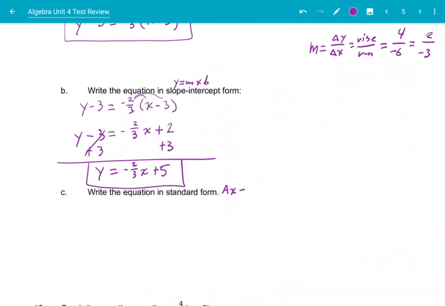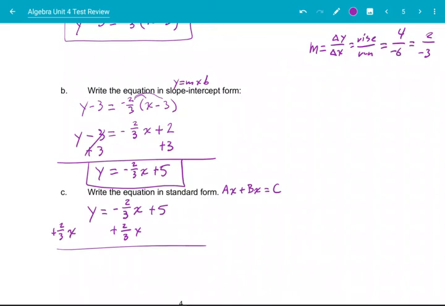And one last form, standard form. Looks like that. So we need to move this x term to the other side. So it's being subtracted right here. So let's add it to both sides, plus 2/3 x. That goes away, so I've got 2/3 x plus y equals 5.